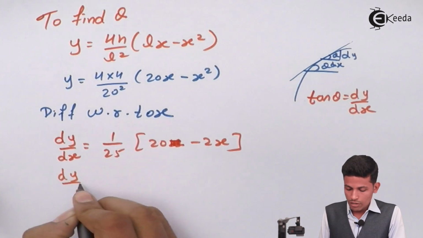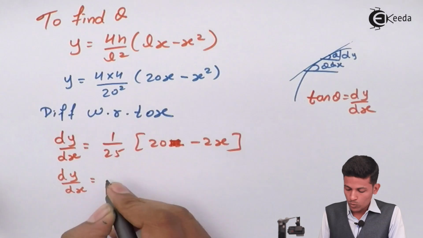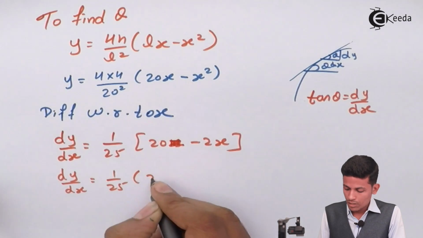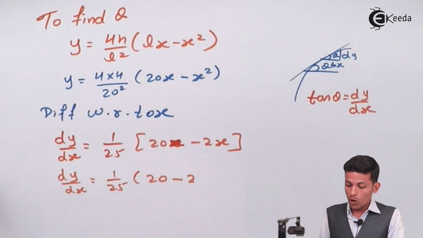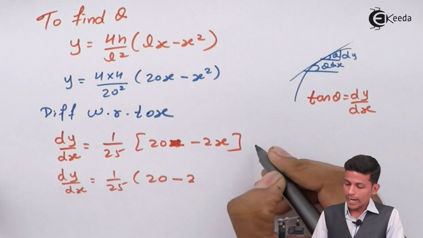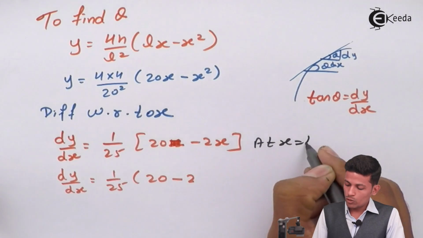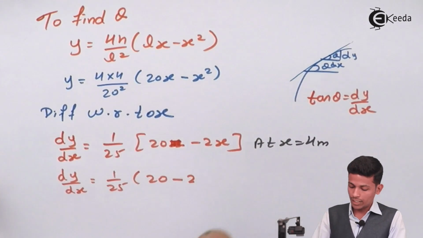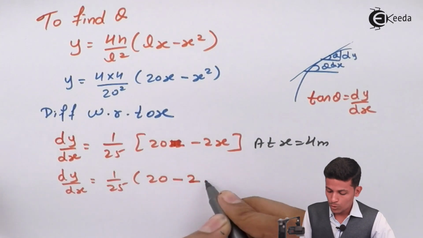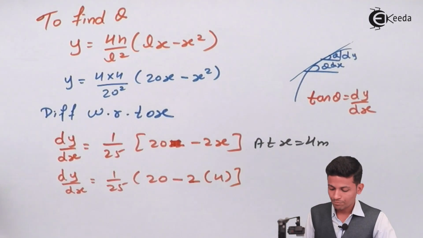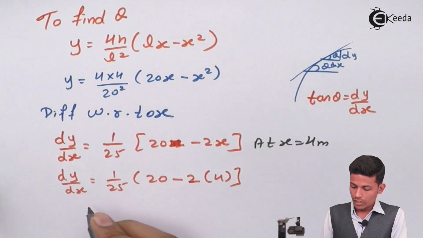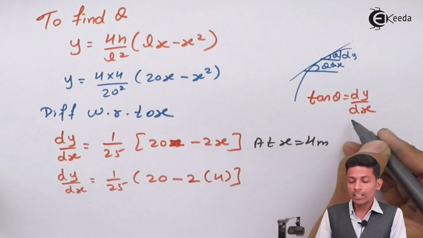Only 20 is taken here because we are differentiating. So dy by dx is equal to 1 upon 25 into 20 minus 2x. Now put the value of x, x is equal to 4 meter, so 2 into 4.